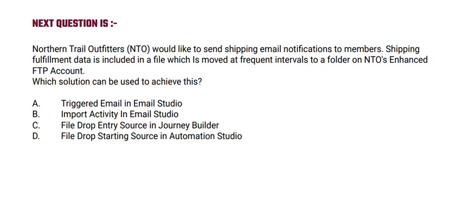Options are option A, triggered email in Email Studio. Option B, import activity in Email Studio. Option C, file drop entry source in Journey Builder. And option D, file drop starting source in Automation Studio. The correct option is option D.